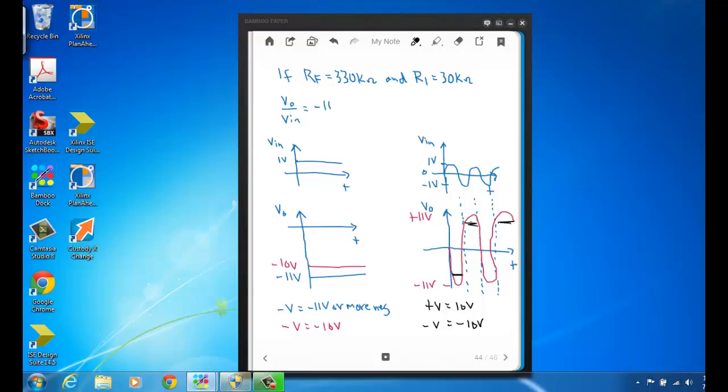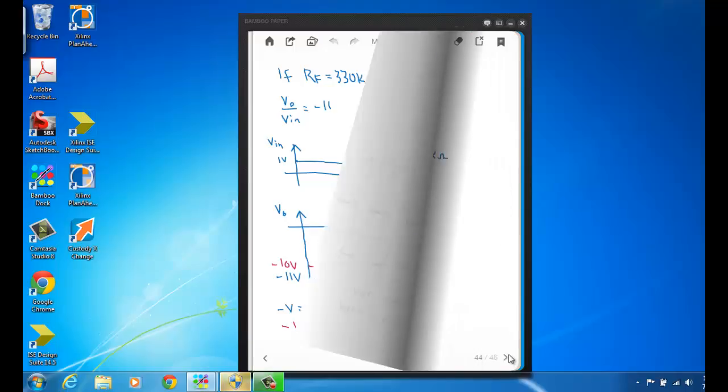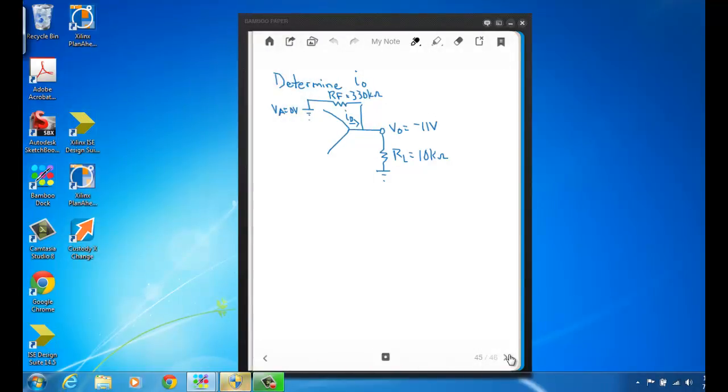So here the positive peaks would be lopped off at plus 10 volts and the negative peaks would be lopped off at minus 10 volts. Okay, because V out can never exceed what the rail values are, like we discussed in the first video about op amps.